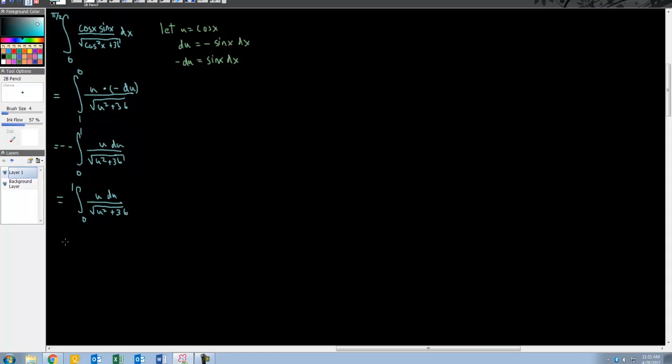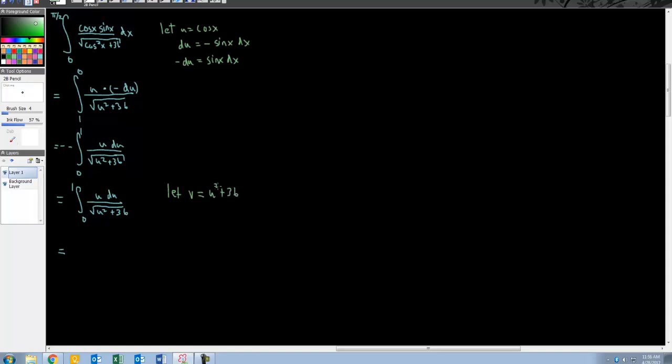So what we have to do here is pick another substitution. This is a crazy double substitution problem. Now I have to pick a new variable. V is the customary variable, so I'll let v equal u squared plus 36.